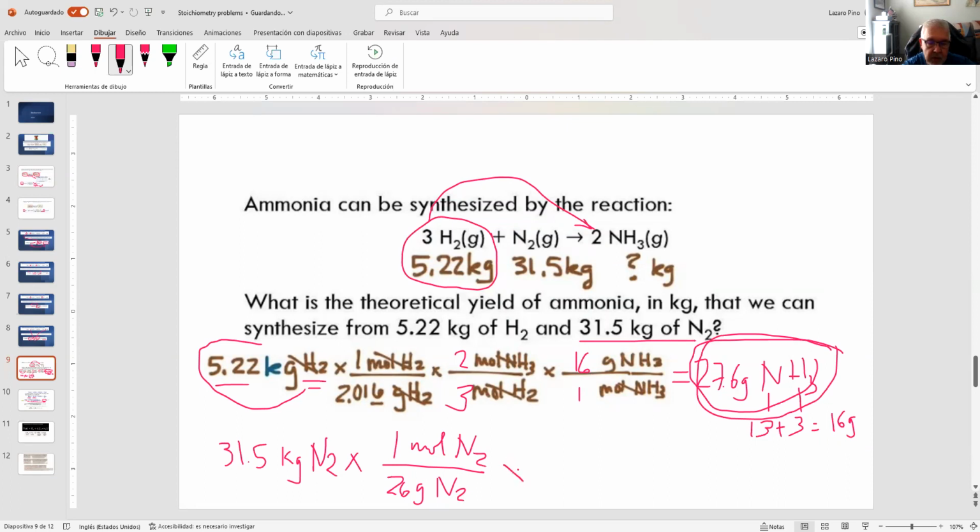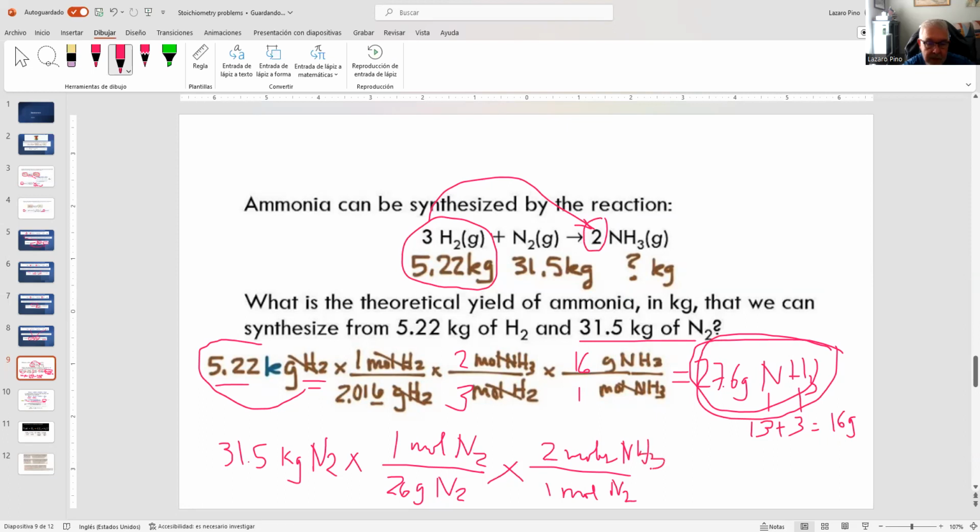So you know by the equation that 1 mole of nitrogen can produce how many? 2 moles of ammonia, NH3.